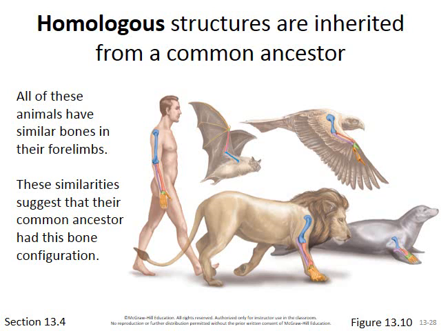Homologous structures are inherited from a common ancestor. And as we look at all of the organisms in this picture, they all have bones that are colored certain colors. And all of these animals have similar bones in their forelimbs. So the bones that are colored are all in their forelimbs.